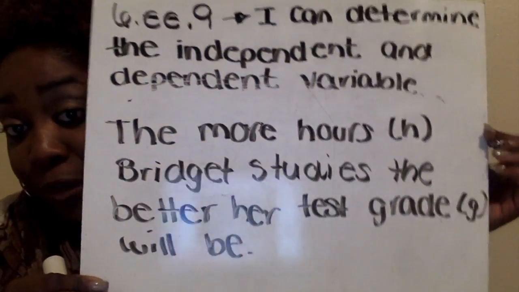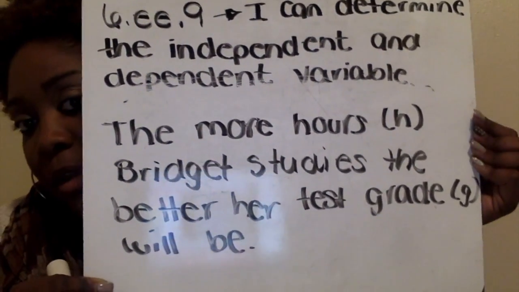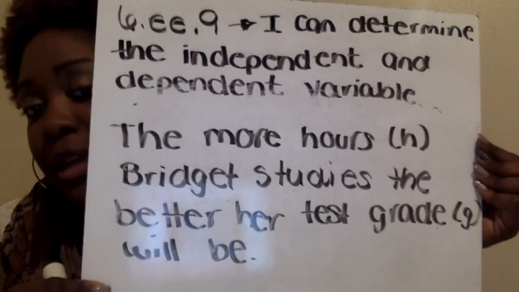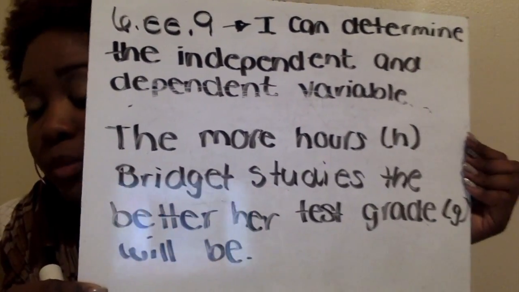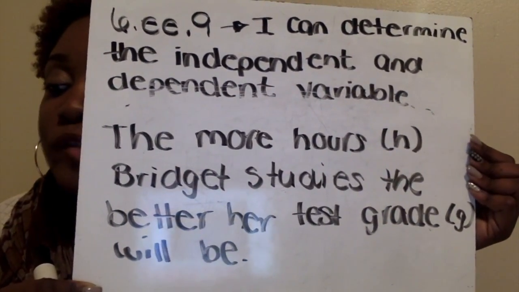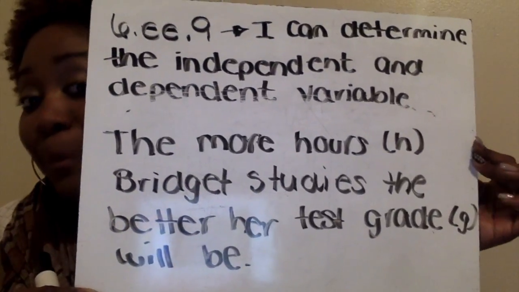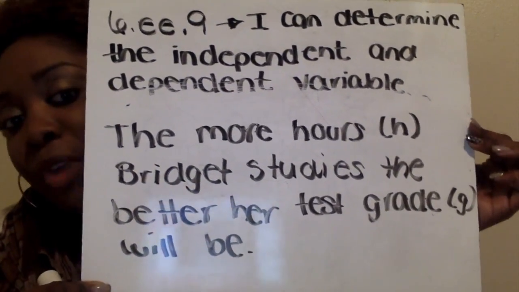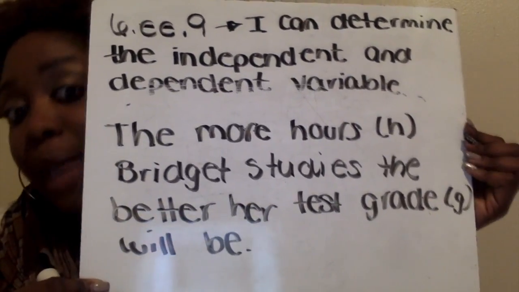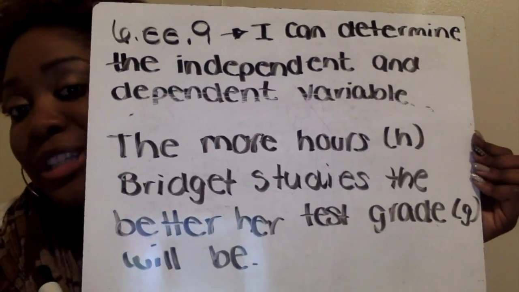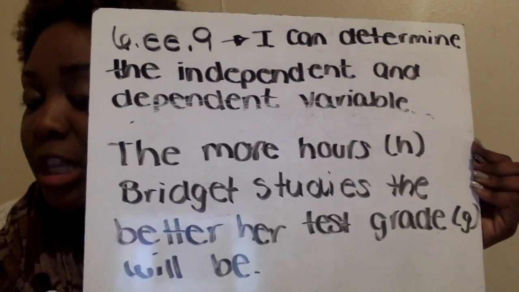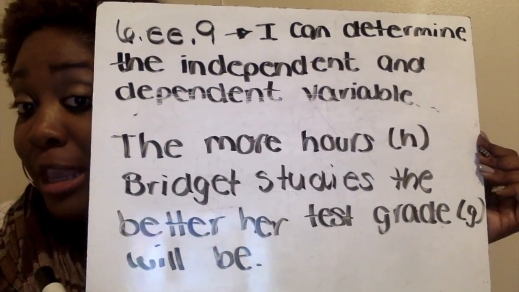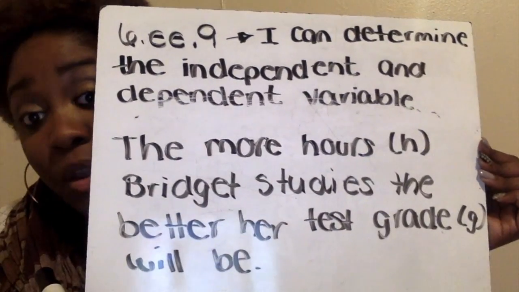Again, ask yourself, which of these is my independent variable and which is my dependent variable? Your independent variable will determine your dependent variable. It says the more hours that Bridget studies, the better her test grades will be. If she studies more hours, will her test grade be better or worse?